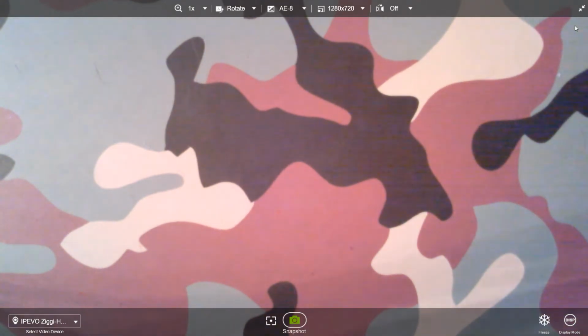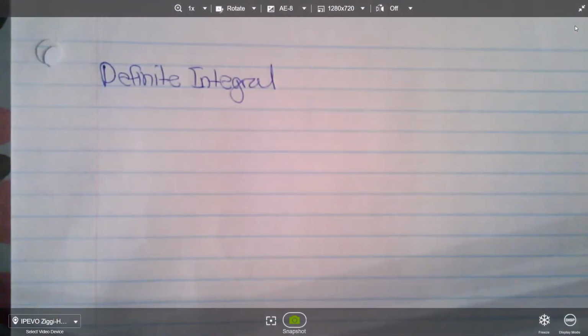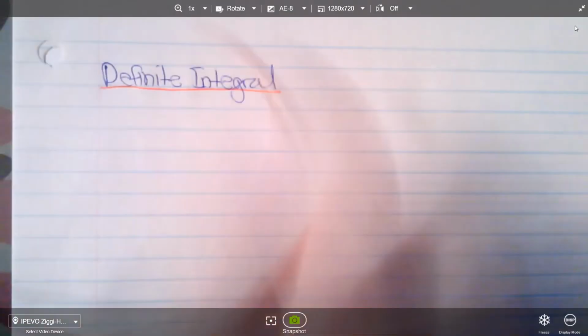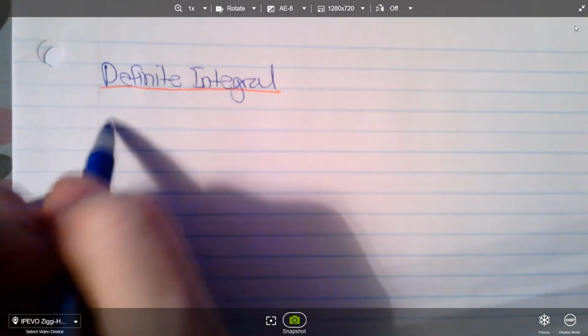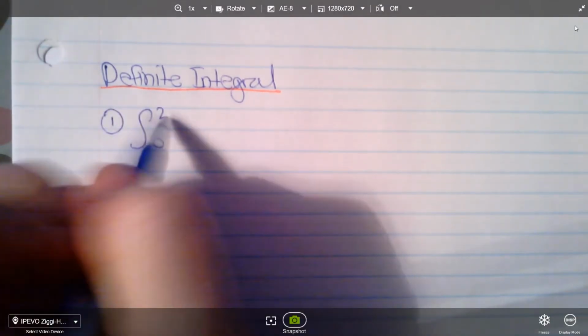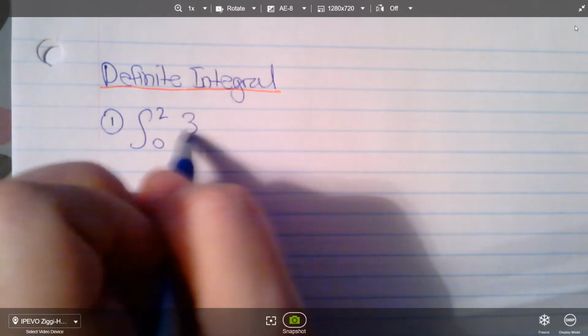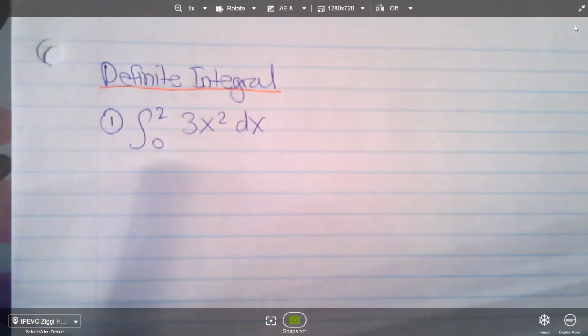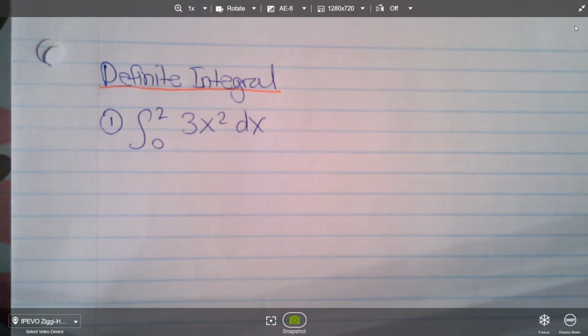All right, let's try the first one. So 0 to 2, 3x squared dx.